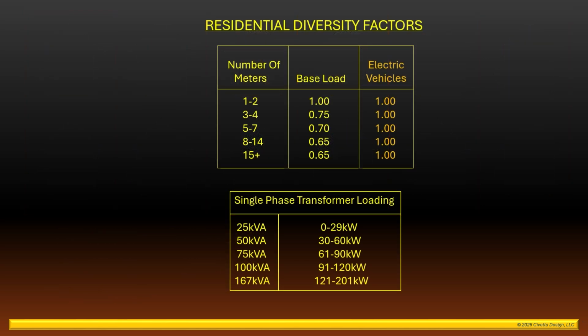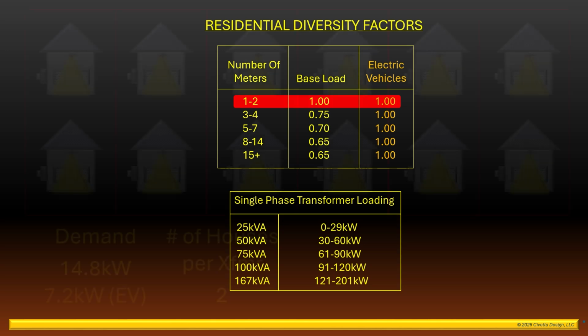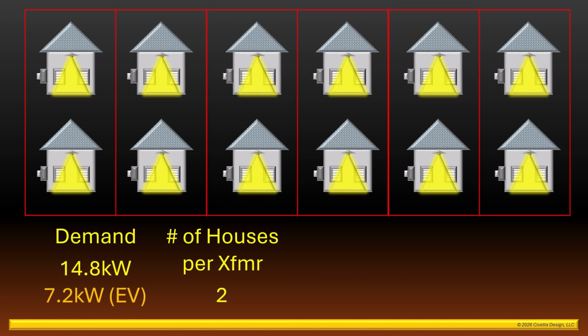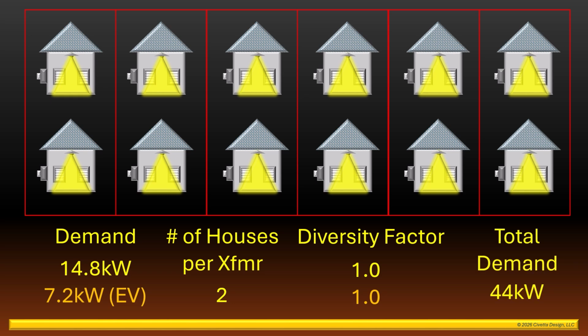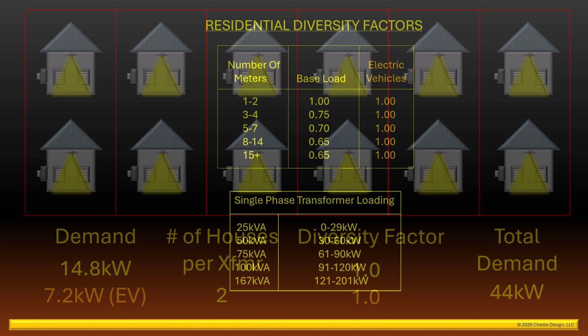The diversity factor applied when 2 homes are being served by a single transformer is 1.0 for the base load and 1.0 for the EV charging. So we have diversity factors of 1.0 for the base and 1.0 for the EV load. Doing the math results in a total demand at the transformer of 44 kilowatts.